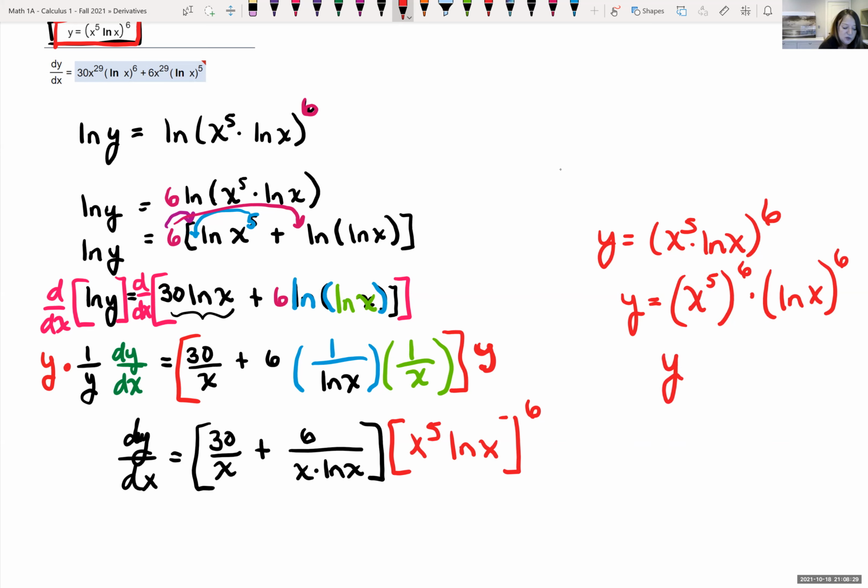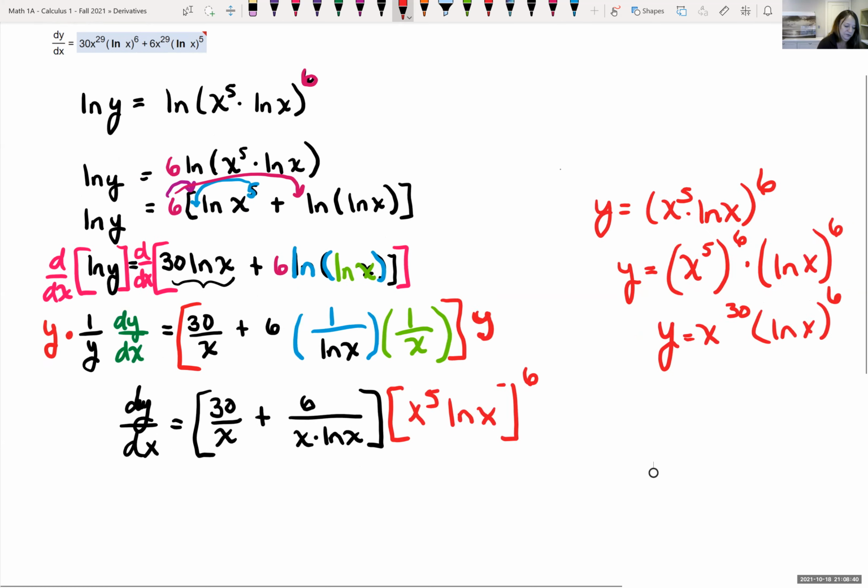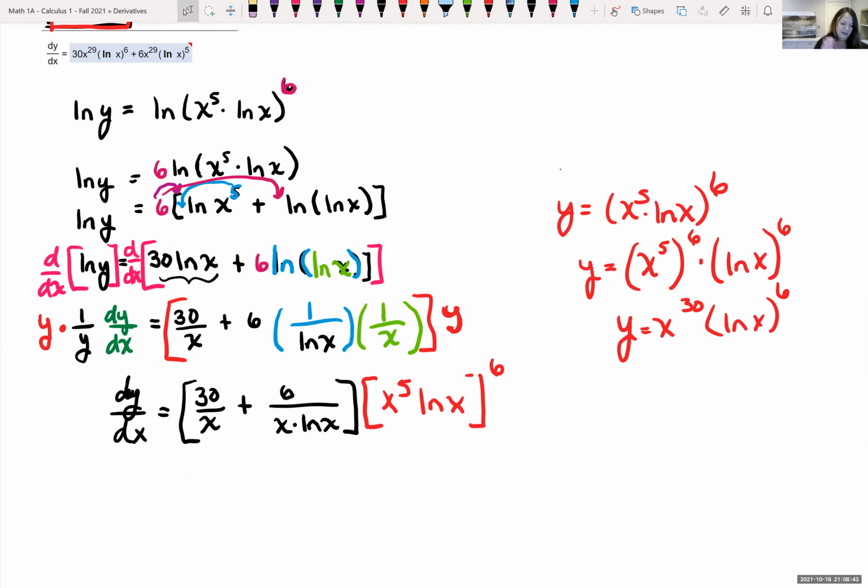So this is the same thing as y equals x to the 30th times the natural log of x raised to the 6th. This one instead here, because I'm going to distribute it just to make it look like the other one, I'm going to write y in that form. So that was really x to the 30th and all times the natural log to the 6th power.